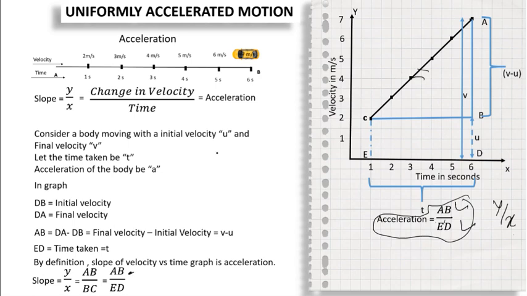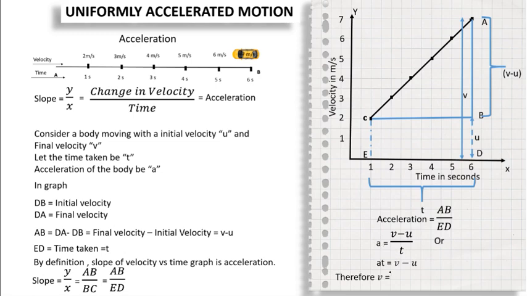AB we have already done here, it's V minus U. And what is ED? ED is T. When you cross multiply, you get A into T is equal to V minus U.